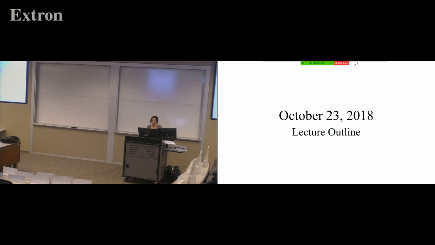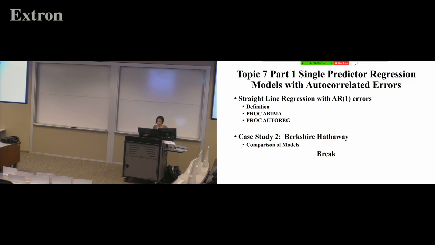Okay. All right. So today we're going to be looking at regression models with autocorrelated errors. The order of today's lecture is going to go with straight line regression with simple errors, so an AR1. We're going to talk about the definition.